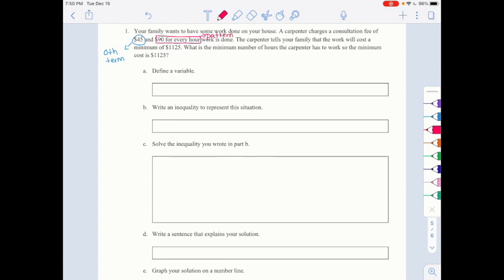The carpenter tells your family that the work will cost a minimum of $1,125. So that is greater than or equal to 1,125. And we're trying to find the number of hours. That's the variable.